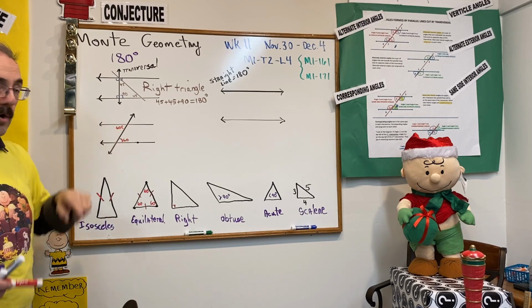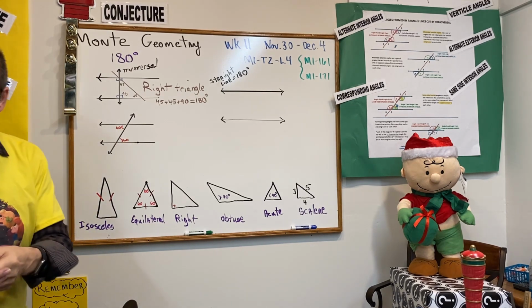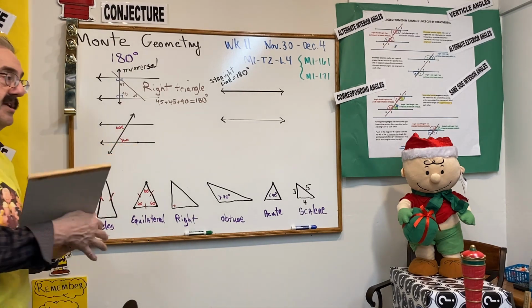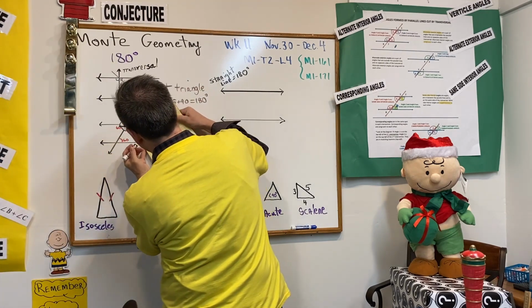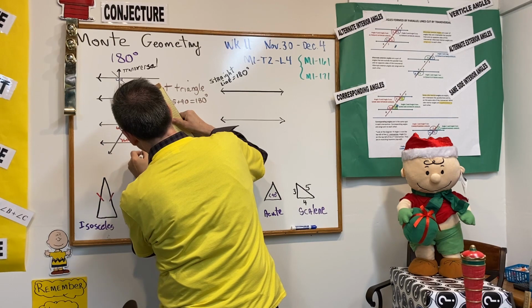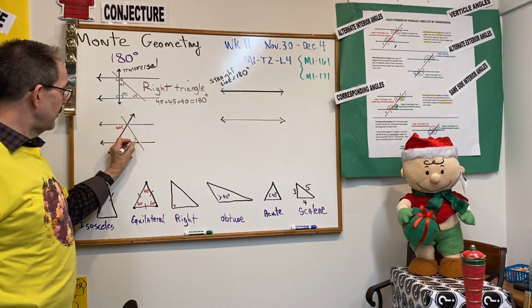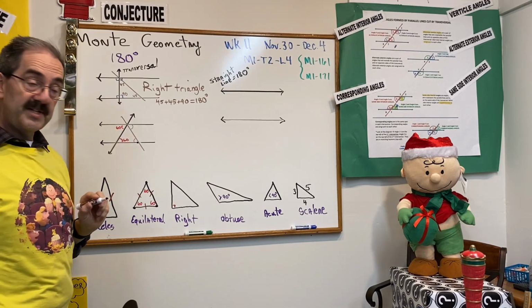This angle is always equal to that angle. Okay? Now watch what happens when I draw the other 60-degree angle.